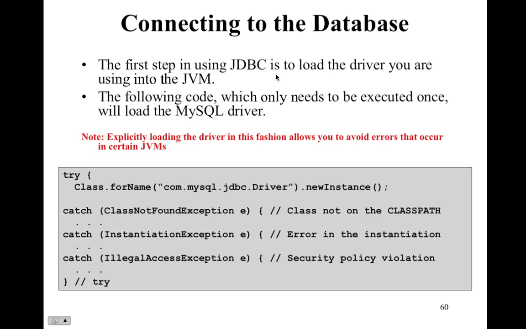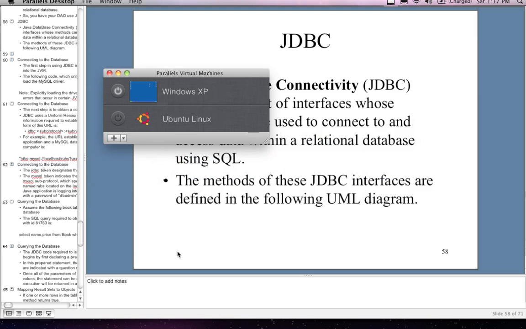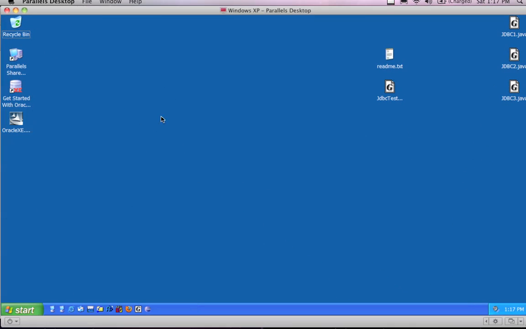So the first step is to load the driver. And once you have the driver loaded, the other thing to note with the driver, and I'll go to a Windows system here to show you what I'm talking about, is that in Windows, there is no install for the driver. When you download the driver, you're going to get a jar file.